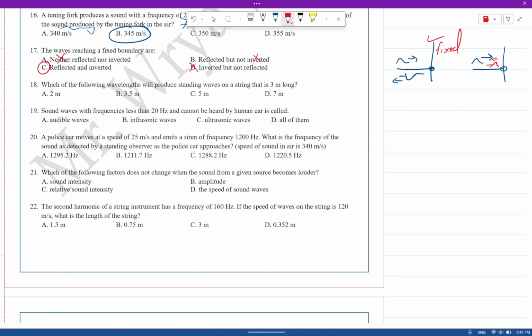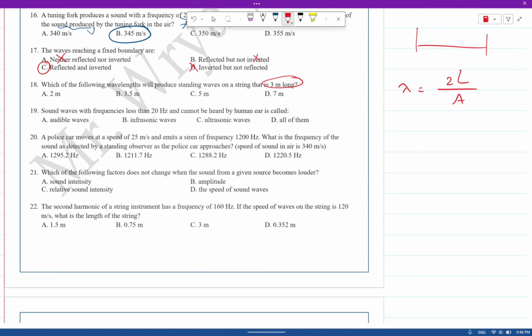Question 18 says, which of the following wavelengths will produce standing waves on a string that is 3 meters long? Now, remember this, there is also this equation we've studied in chapter 3 here. We can say the wavelength is equal to 2 times the length of the string, divided by n, you can consider this as the number of antinodes, you can call it the number of harmonics, makes no difference at this point.